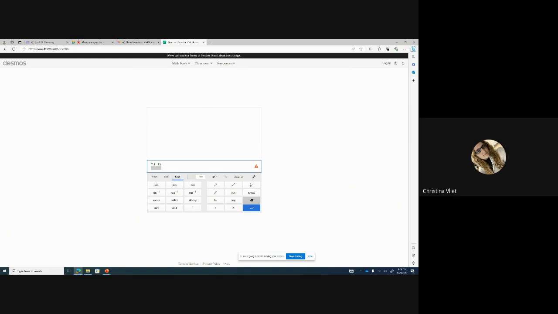To do the exponent, my suggestion would be to use the caret, which is the shift 6 on your calculator. If you do shift 6 on your calculator, that puts whatever you're about to place in the exponent. And then I would put my -2. That gives me the top number. And then for the bottom, same thing.